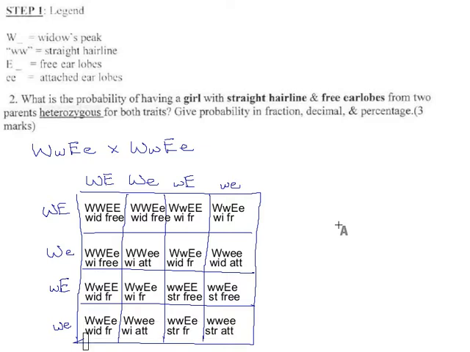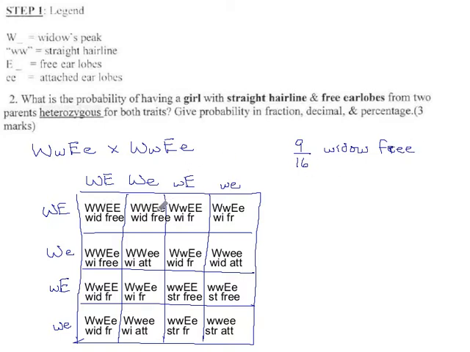Okay. Now we could count through these, and widow's free, we get 1, 2, 3, 4, 5, 6, 7, 8, 9, unsurprisingly. So 9/16 of our group is widow's peak, free earlobes.